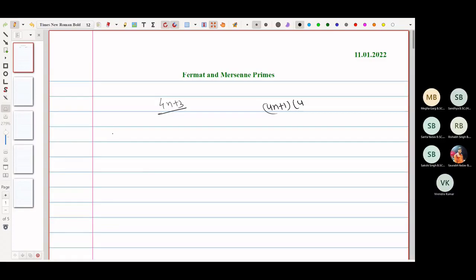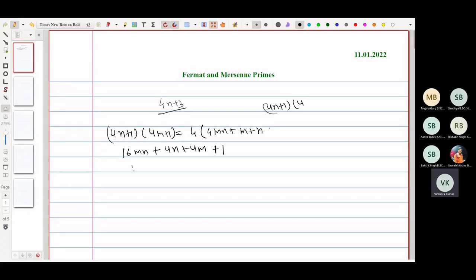So we take 4n plus 1 and 4m plus 1, and we have seen that the product can be written as 4 times (mn plus m plus n) plus 1, I guess. Let me multiply it: 16mn and 4n plus 4m. Anything remaining? 1 is remaining.